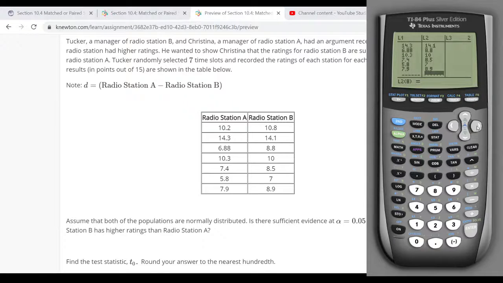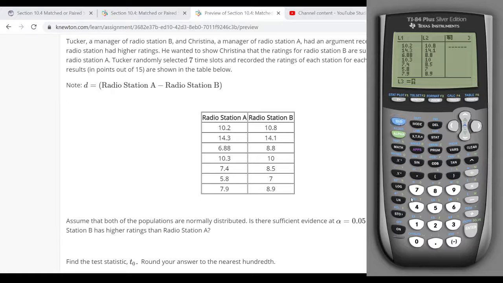And then what I'm going to do is go to list L3 and enter the differences. Now, they want radio station A ratings minus radio station B ratings. So I'm going to go up to L3, move the cursor up there, hit enter. You see the flashing, it says L3 equals.